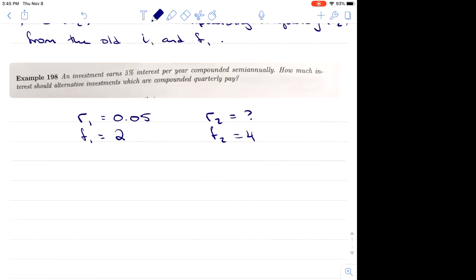So we can use our formula for I2 to figure out the periodic interest rate, and then we can convert that to R, the way we have been doing. So I2 is (1 plus I1) to the power of F1 over F2, minus 1.